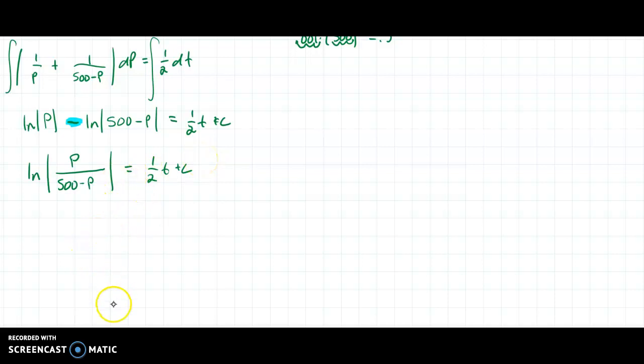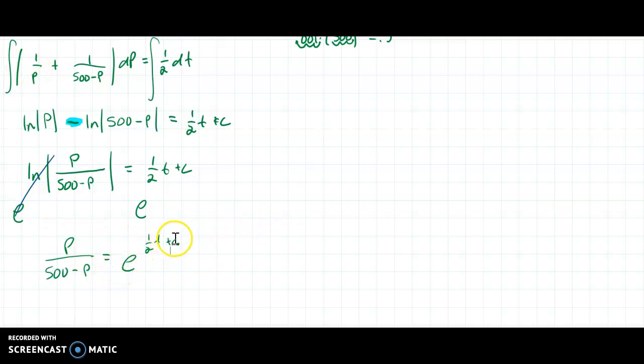So in order to get there, I got to get rid of the ln. What's the opposite of an ln? Well, an e to the. And when I do my e to the, right here they cancel. And it gives me p over 500 minus p is equal to e to the 1/2 t plus a constant. This step is one that you should be pretty familiar with.